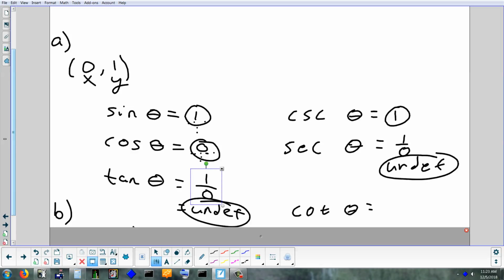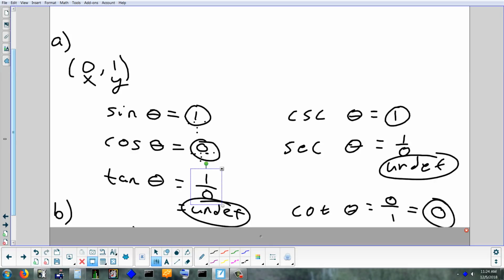Now we're going to look at the tangent and flip it. So what do you get when you flip 1 over 0? You get 0 over 1, and that's okay. That comes out to a number. What's 0 divided by 1? 0. You take $0 and divide it to one person, the person gets nothing.